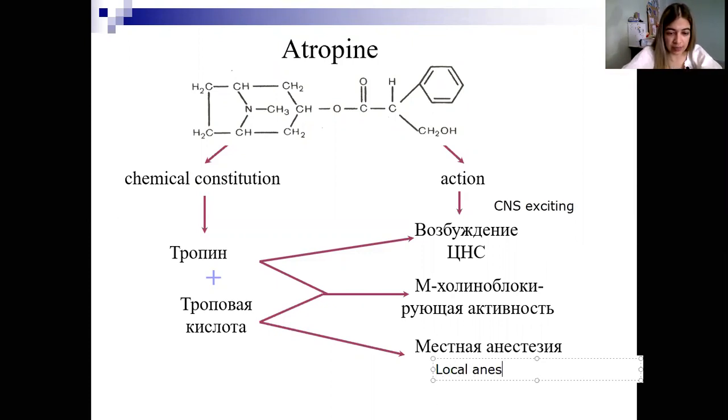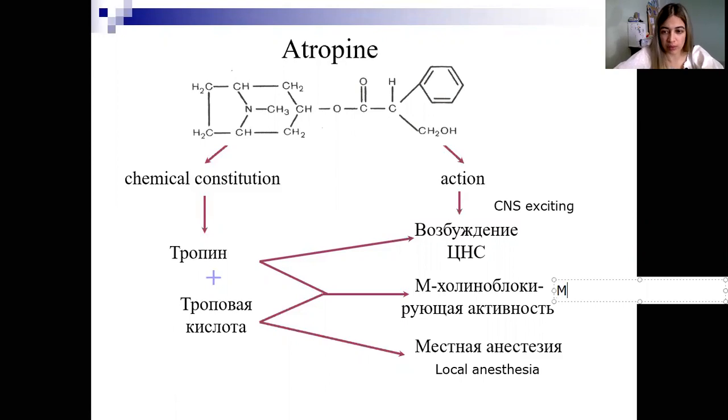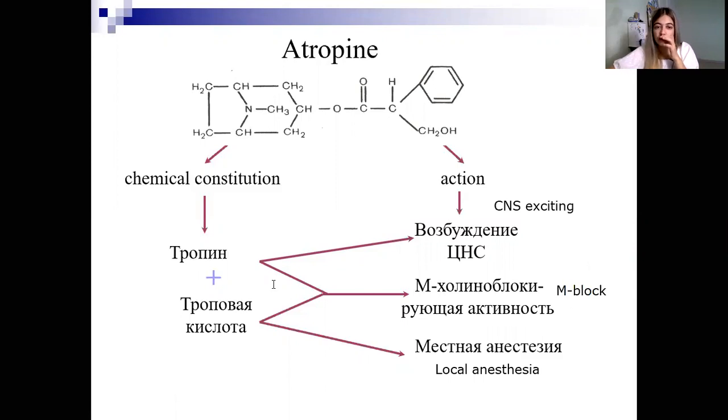Local anesthesia. And M-cholinergic blocking effect can be observed only in case of combination. You see, this is between. So M blocking activity is observed only in case of using them both together.